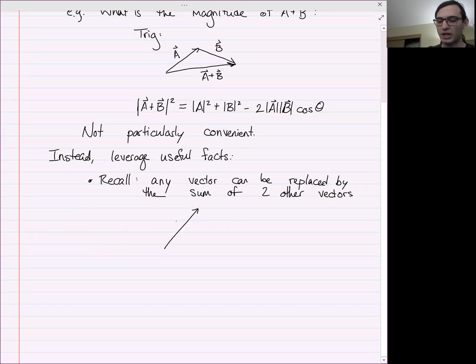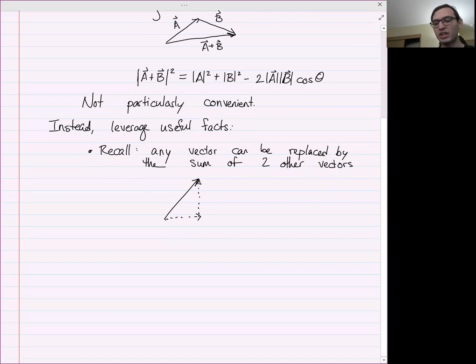Well, you could just as easily replace that with a vector like this and a vector like this, and then add those two vectors together, and that will give you the original vector back, right? So this is always doable. You give me a vector, I can give you two vectors that add together to give you that vector. And in particular, those two vectors can be perpendicular if we so choose.